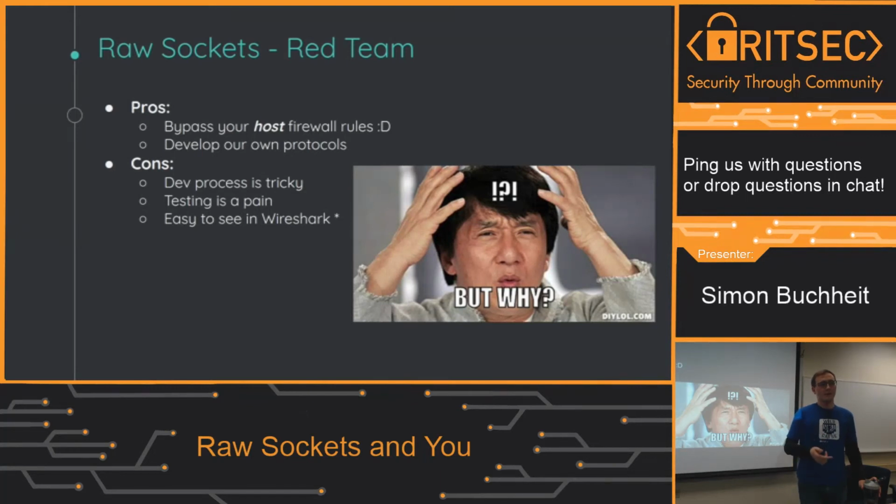Another development problem I ran into was using VMware to test this. I'd have my C2 running on my host, and then I would put my bot on a VM, and then I would try to test things, and I'm like, cool, everything works. Raw sockets are working perfect. I'm good to go, ready for deployment. And then I start deploying on actual infrastructure, and nothing works. The problem I realized eventually was that the way VMware works with communication is, if you look at your interfaces on Linux, there's a shared interface for the VMnet.